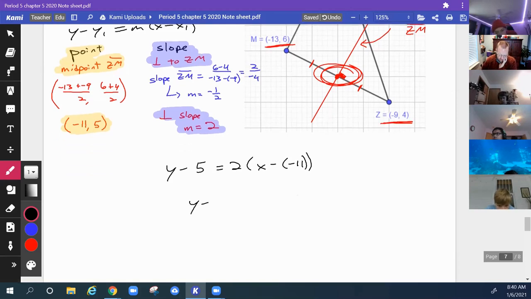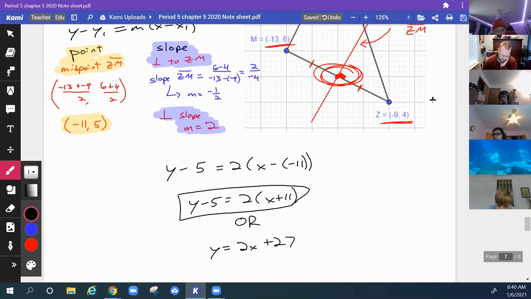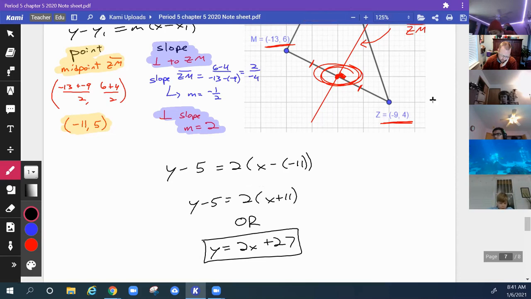So that's y minus 5 equals 2x plus 11. Or if you solve for y, it's y equals 2x plus 27. So this is a good answer, or this is a good answer. Either one is acceptable.